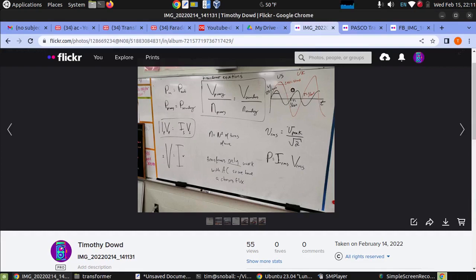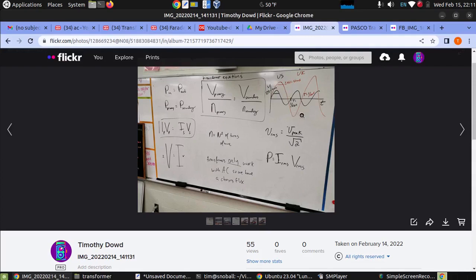The brown one sort of represents what it looks like in Europe and the UK. And we use this thing called the RMS value, root mean squared value. You'll learn about RMS values in another class, but they're related to the peak voltage according to this equation. But they're a good measure of the relative size of the potential differences, even though the average potential difference across all times is 0.